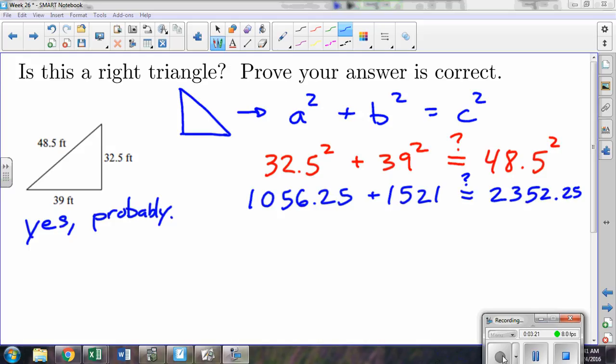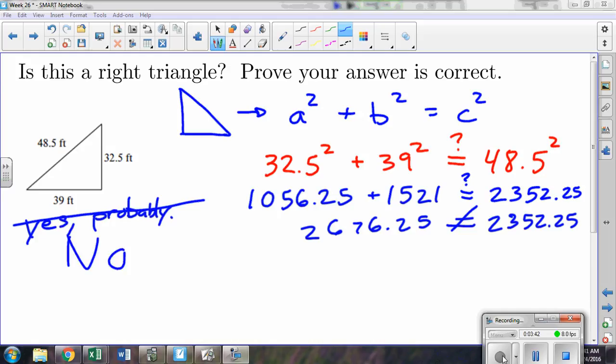Okay, and so when we actually add those things together, this is 2676.25, which is not the same thing as 2352.25. And so although it looks like a right triangle, we actually have evidence that no, it's not. If it were a right triangle, the Pythagorean theorem would have to fit. And it doesn't.